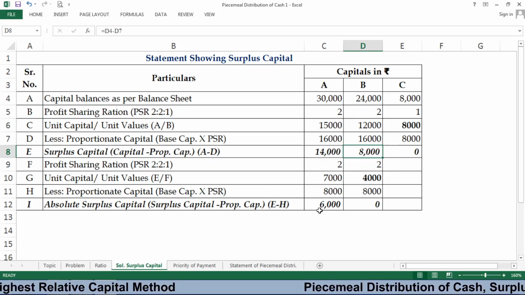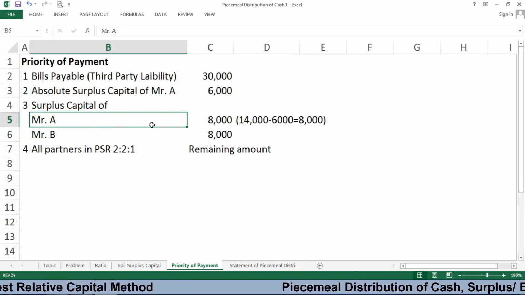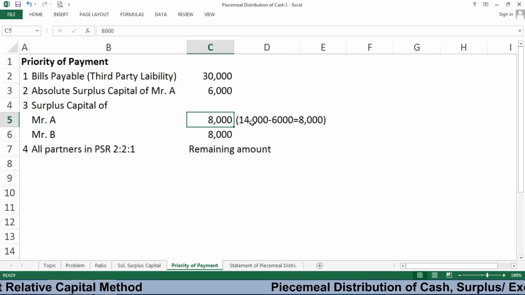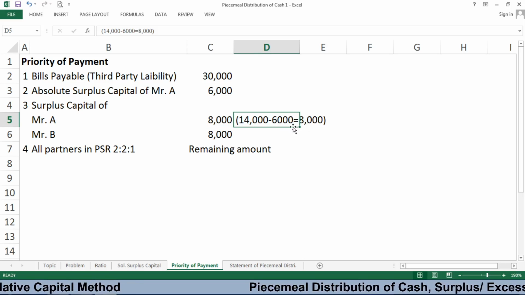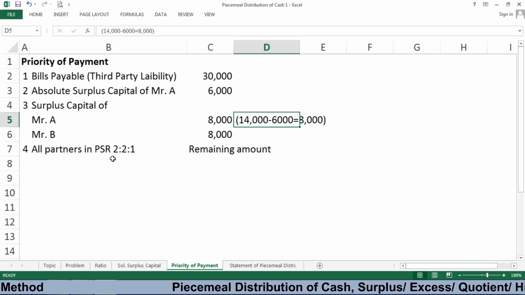Afterward he has to receive less 6,000. That means Mr. A will get 8,000. So he has a right to get 14,000, but already he has received 6,000 in the first step. So 14,000 minus 6 equal to 8. So he will get 8,000 and Mr. B will also get 8,000. So here the ratio is equal 1:1. If there is any cash or remaining amount, at that time all partners will share in profit sharing ratio.